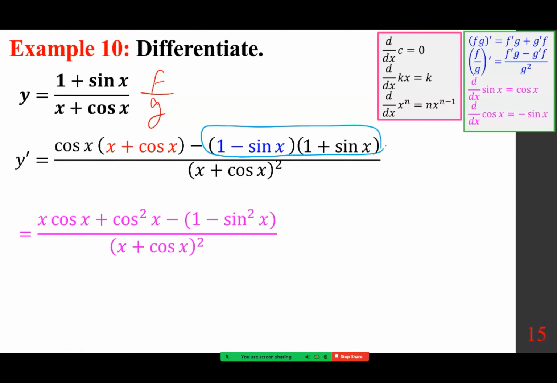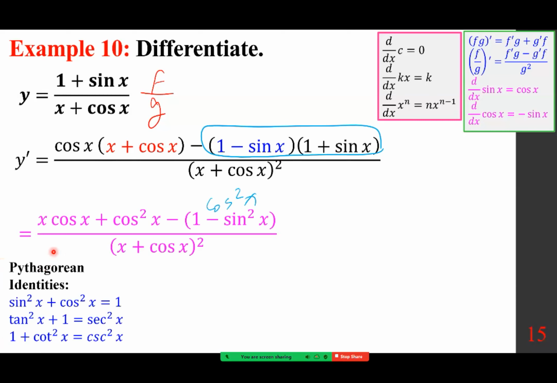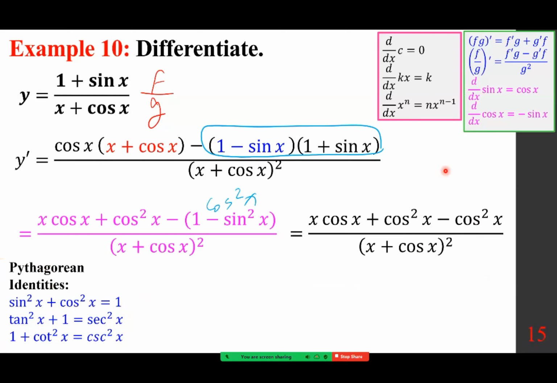As you know, 1 minus sine squared is cosine squared. Therefore, this is a Pythagorean identity. Sine squared plus cosine squared is 1. Tan squared plus 1 is secant squared. 1 plus cotangent squared is cosecant squared. These two cancel each other, and we are done. So the trigonometric identities you should be very comfortable with.